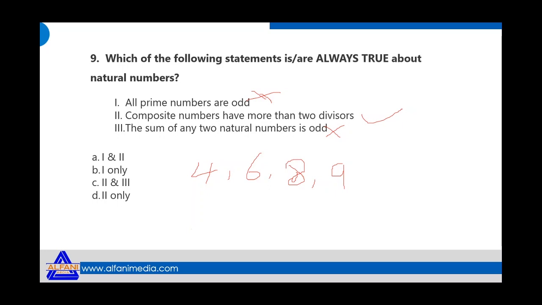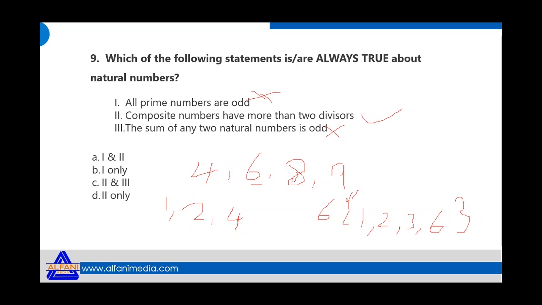Now when we take 4, for example, 4 has factors 1, 2, and 4 itself. All right, so it has more than 2 divisors. When you take 6, for example, its factors are 1, 2, 3, and 6 itself. It's more than 2. So this is a composite.